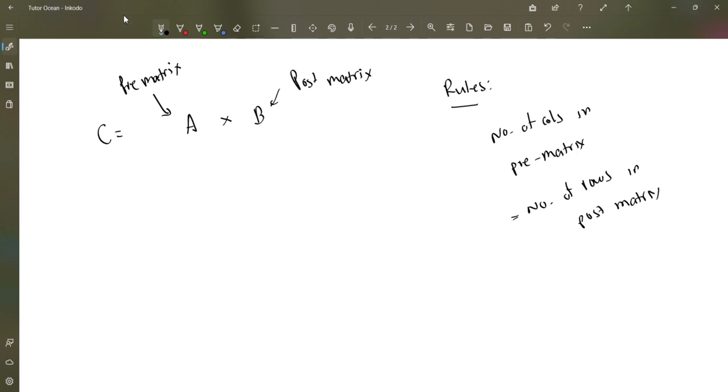This is the very basic and utmost important precondition that the number of columns in pre-matrix needs to be equal to the number of rows in post-matrix. Okay.